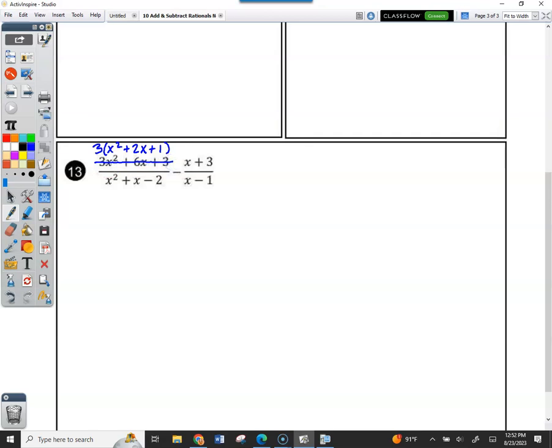You should notice there's a GCF in that top if you are practicing factoring that. And then this is by itself, this is by itself, this factors to that, right?